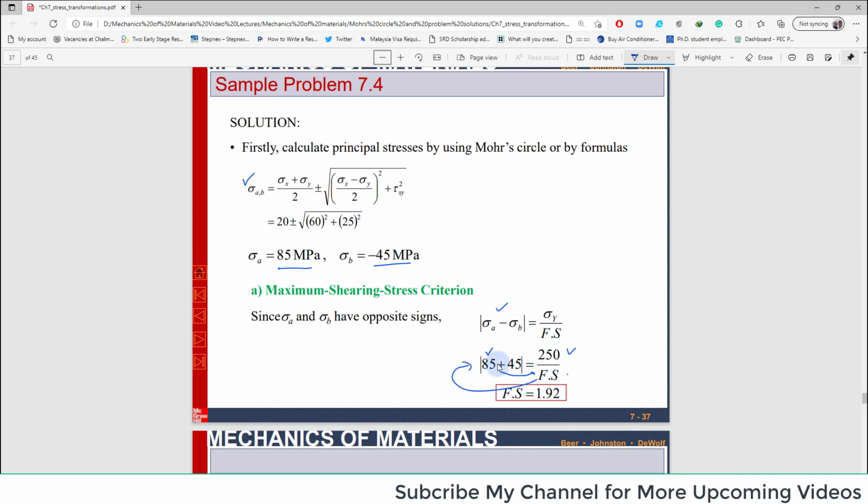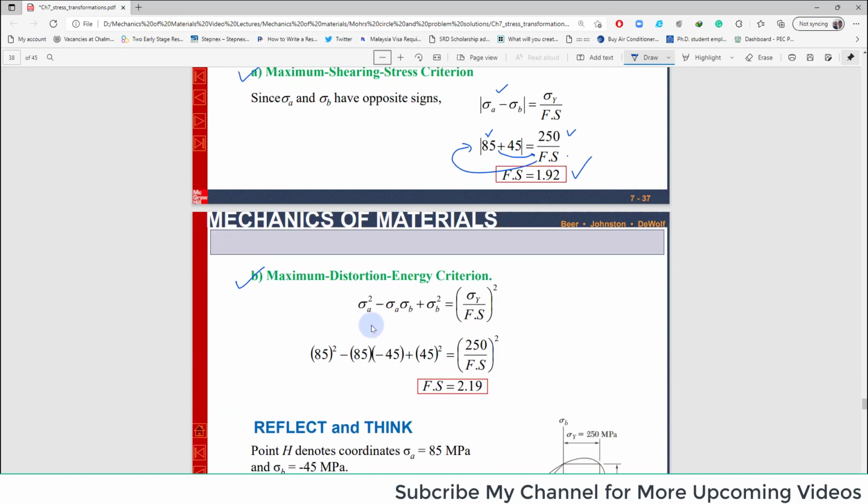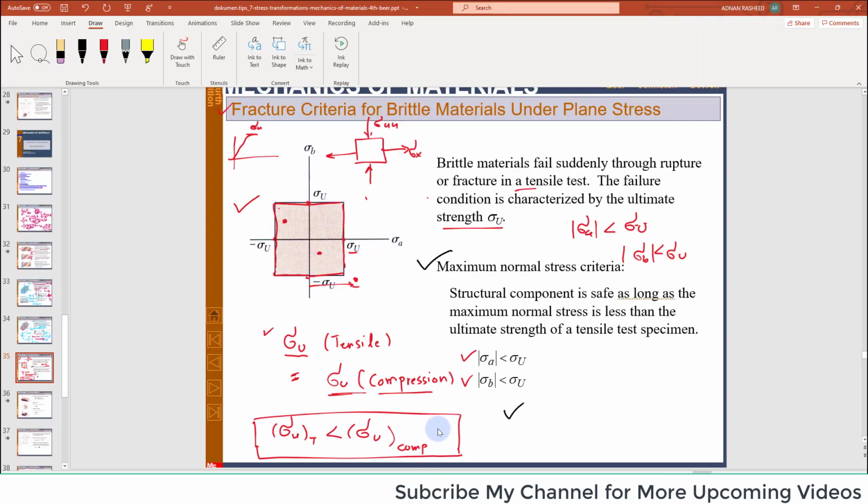So 250 divided by this term will give you a factor of safety of 1.92. So this is the factor of safety for the material under the loading, under the maximum shear stress criteria, or Tresca criteria.